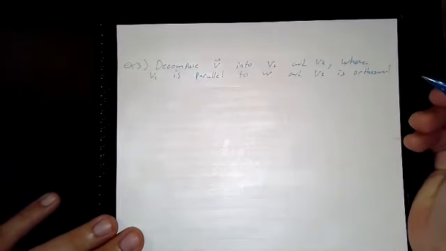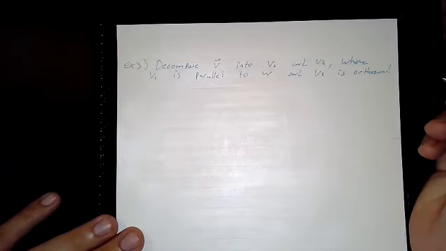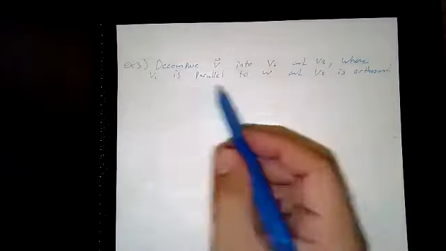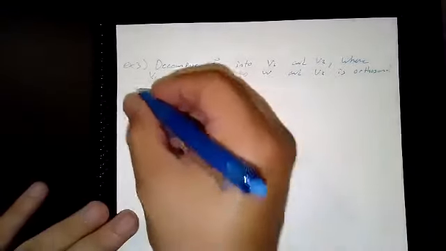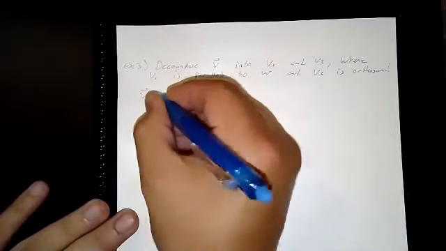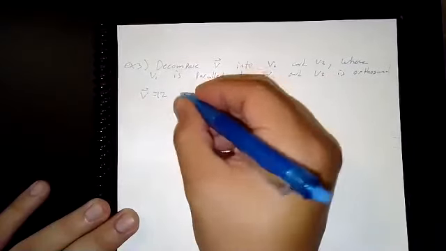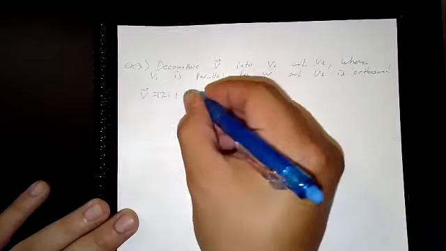Okay, so what they're going to do is give you v and w, and they want you to decompose them so that this is true. So this is what the question will give you, a v and a w.